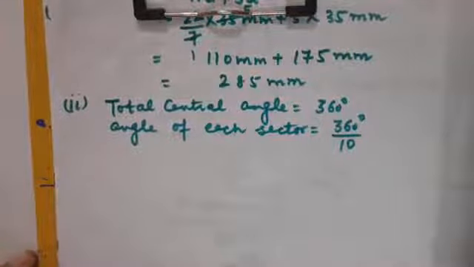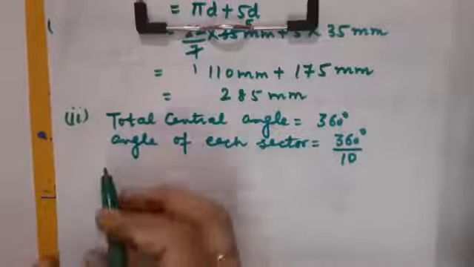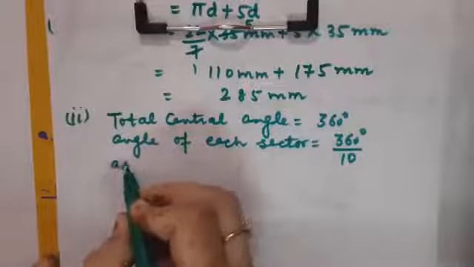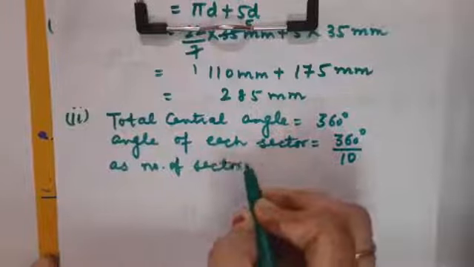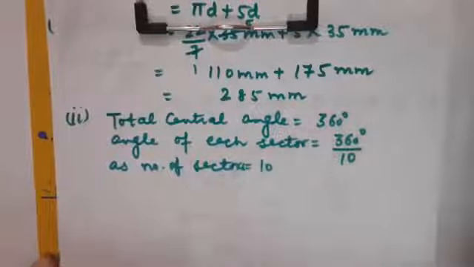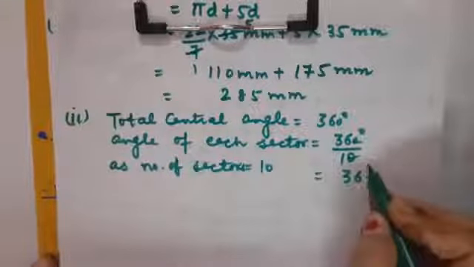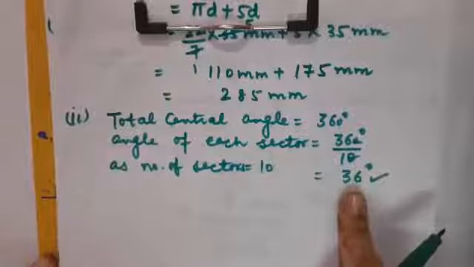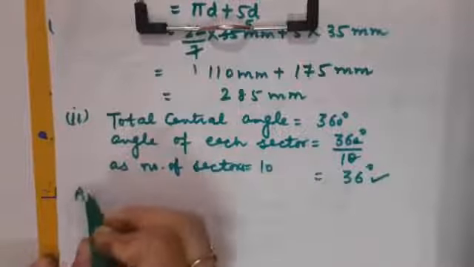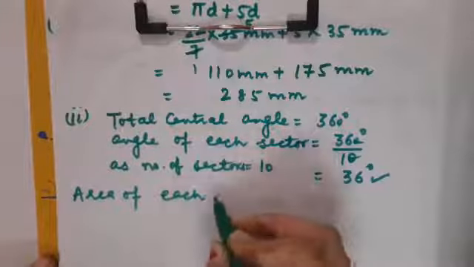Because there is total number of sectors also 10. Here you can write as number of sectors is equal to 10. So can you tell me what will be the measurement of each angle? That is 36 degree. This angle will be known as the center angle for each sector. Fine. Now I will be calculating area of each sector of the brooch.